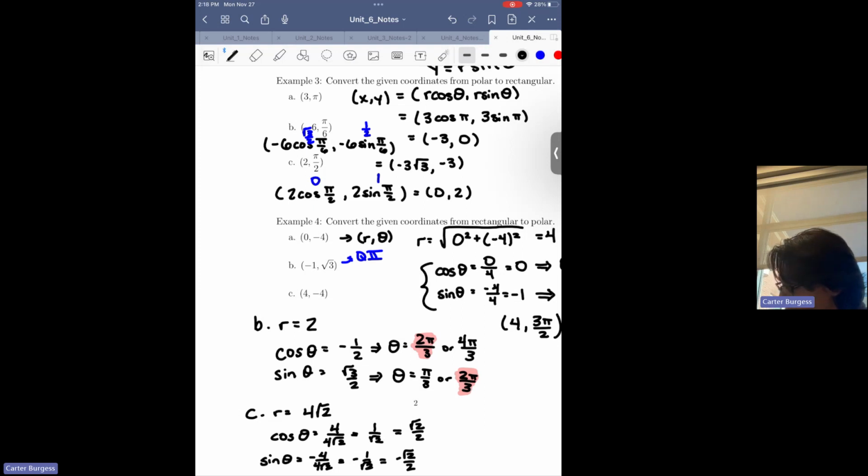What quadrant does -4 live in? Fourth quadrant. And so what is the fourth quadrant angle that is going to be giving us √2/2?